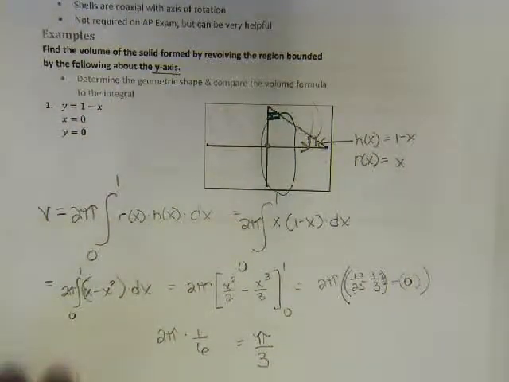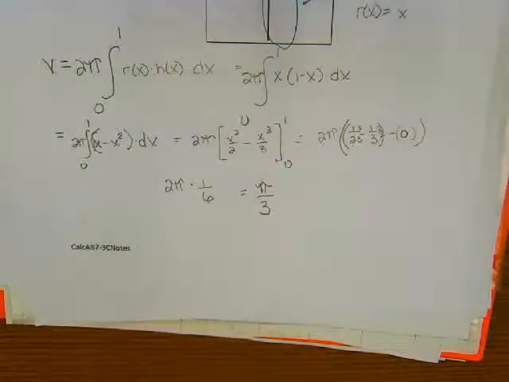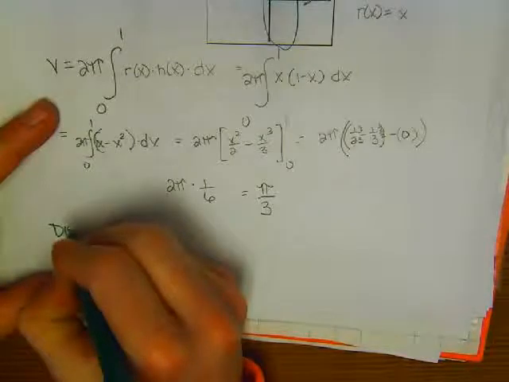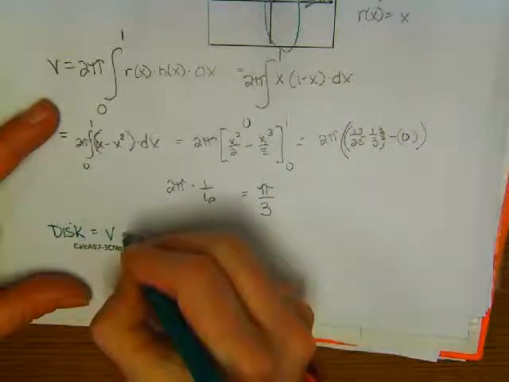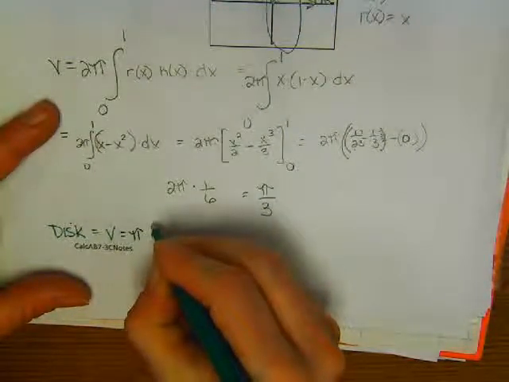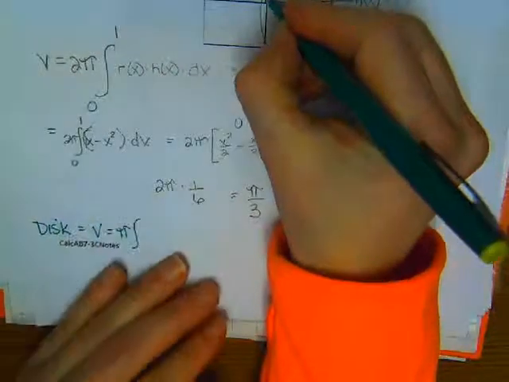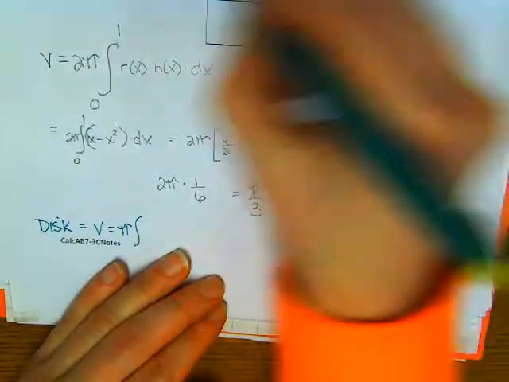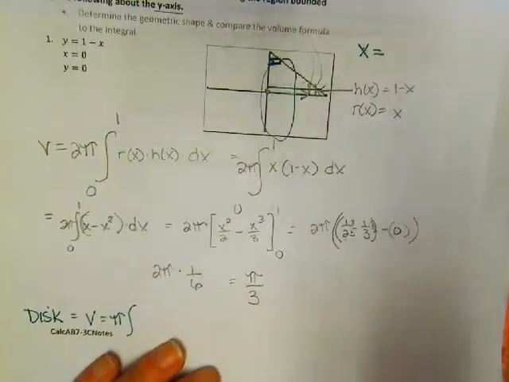Oh, what the heck, let's do it. If I were to use the disk method, I'm going to squeeze it in at the bottom. The formula is the volume, and then pi times radius squared, where radius squared is how far away it is from the y-axis. So if I was rotating around the y-axis, I would have to rewrite this function. Wouldn't it be x equals 1 minus y, or negative y plus 1?